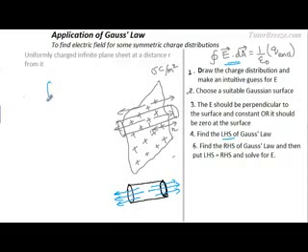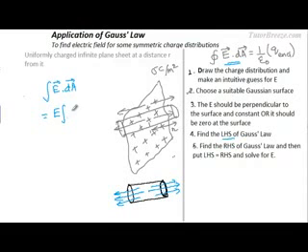This is given by integral E dot dA. Now at the ends of the cylinder, which are at a distance r from the sheet, the electric field is going to be constant, so we can put it outside the integral, and the angle between E and dA is 0, so this will be E dA cos 0, and cos 0 is 1.